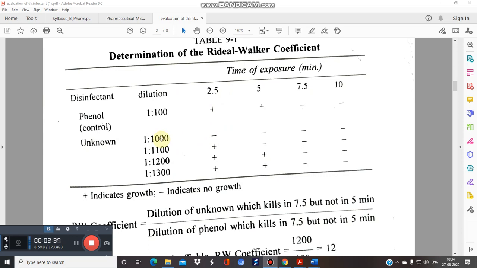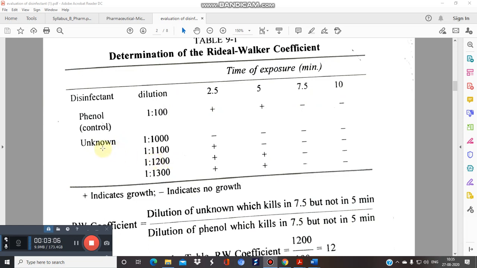It means we have to dilute this disinfectant more. So we will increase the dilution to 1100, and the concentration of the disinfectant decreases. Then the bacteria grow at 2.5 minutes, but after 5 minutes they start dying. So it does not match this result.